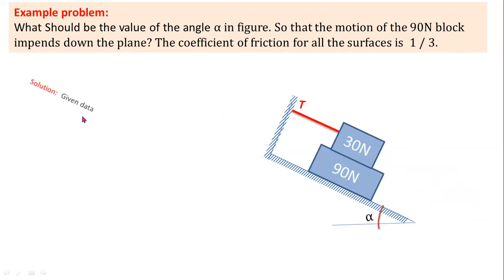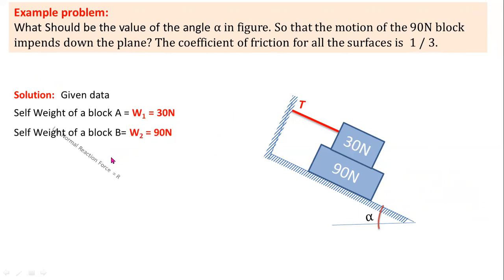The given values are: weight of the upper block W1 equal to 30 newtons, weight of block B, that is the lower block, W2 equal to 90 newtons. Normal reaction between the contact surfaces equal to R. R1 is the reaction force between the blocks A and B, and R2 is the reaction force between block B and the inclined support.